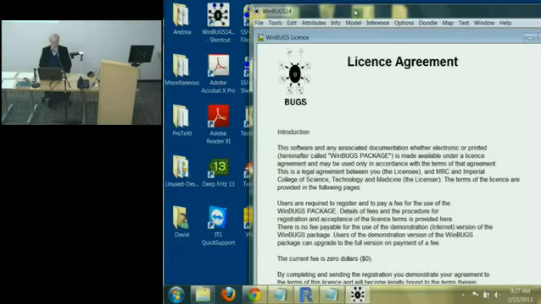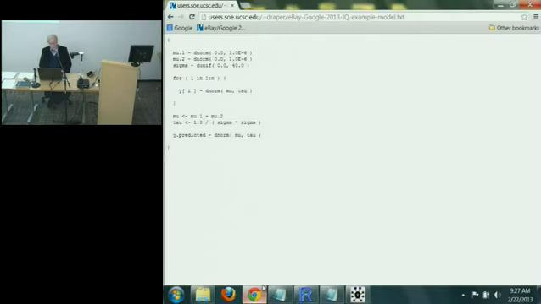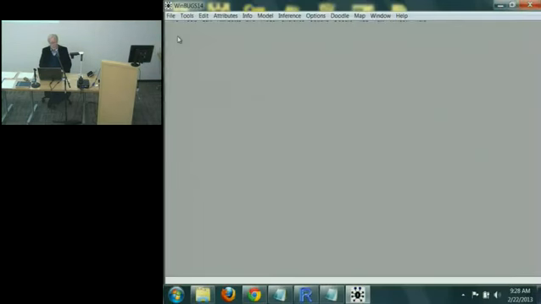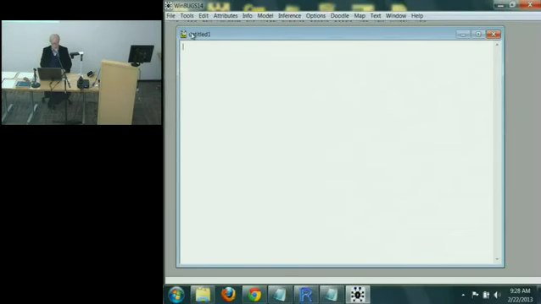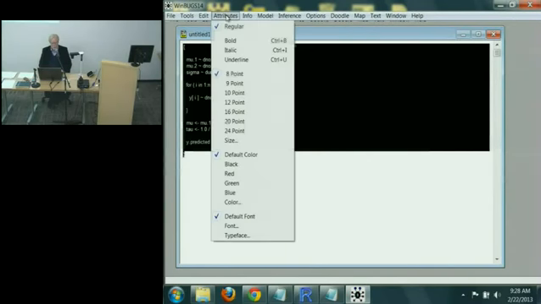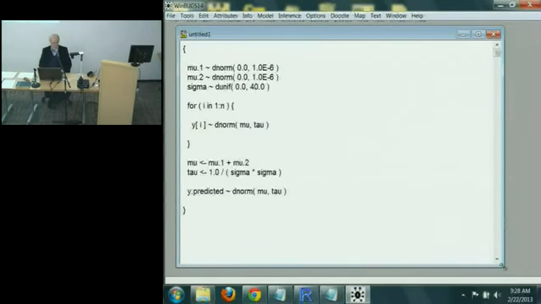So as usual, I get rid of that file there. I go back to the course web page and I capture the model file and go into WinBUGS and open a new little window and paste it in there. And as usual, the text is too small, so I'll blow it up to 12 point and resize the window.